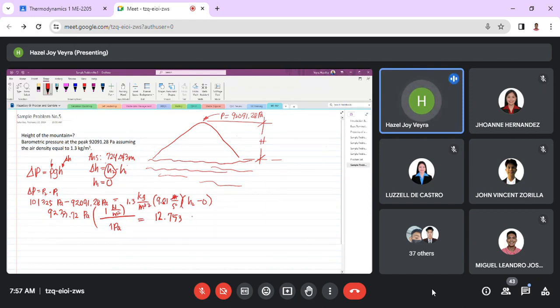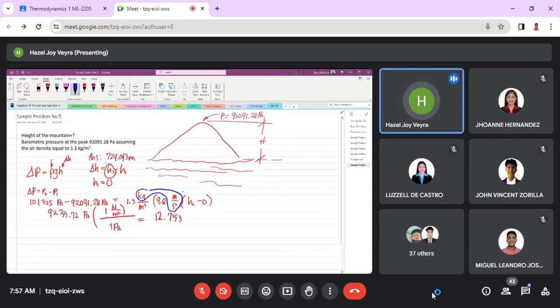So, kilogram meter per second squared. Nakikita nyo ba to? Kilogram meter per second squared.